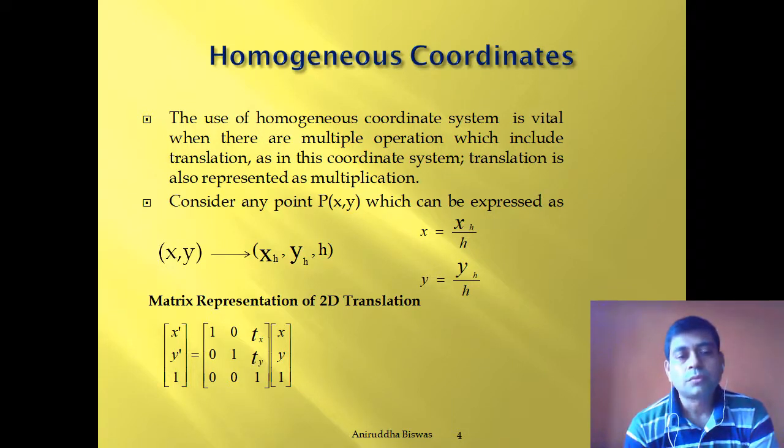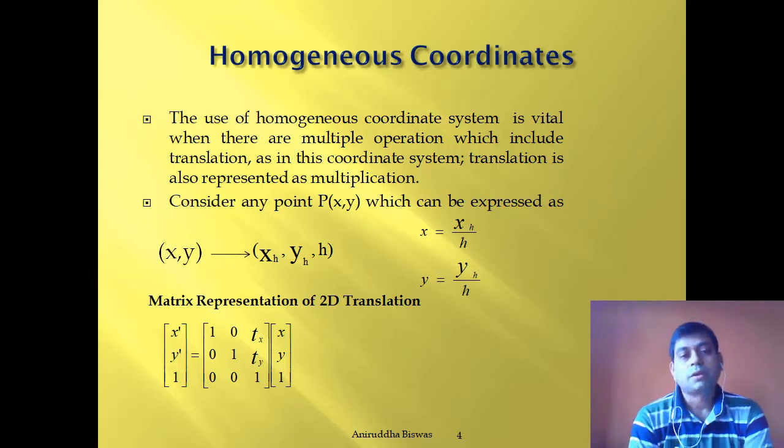So if we have an object that undergoes multiple operations which include translation as well, in this coordinate system translation is also represented as multiplication.